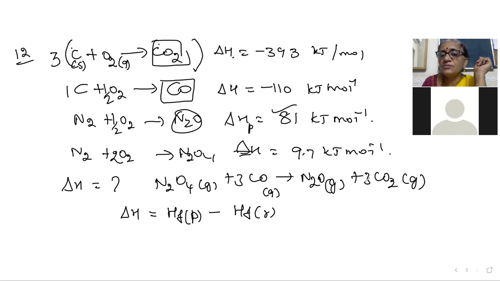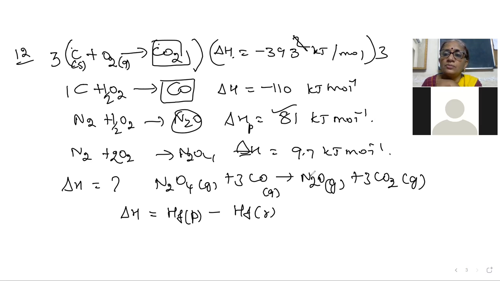But in this equation we have 3 moles, so I should multiply the del H value by 3. N2O I can keep as it is, because in this equation I have only 1 mole.